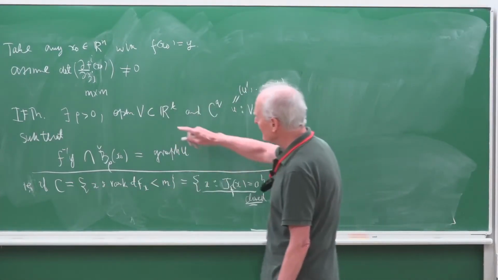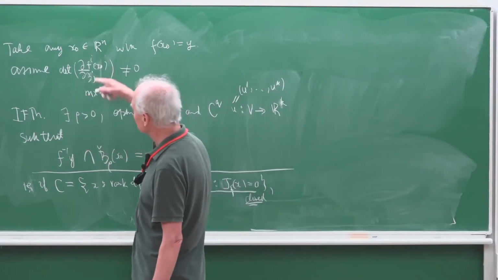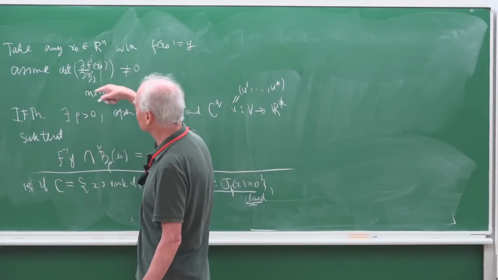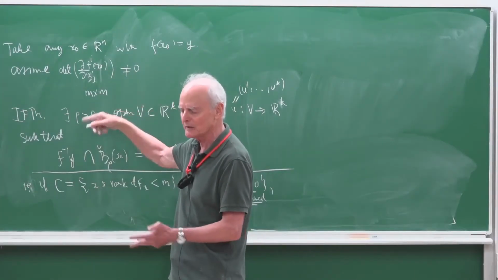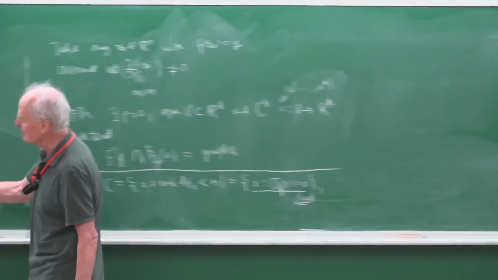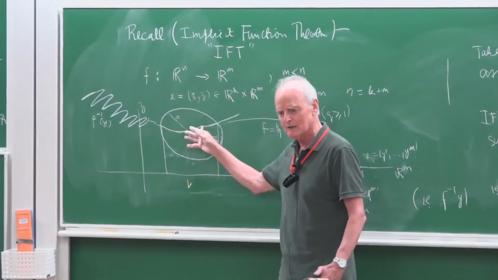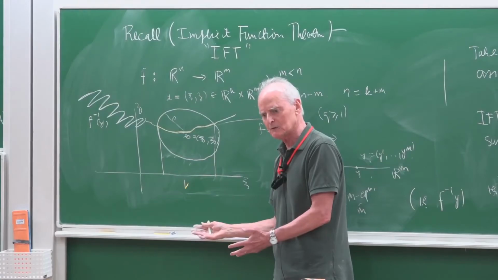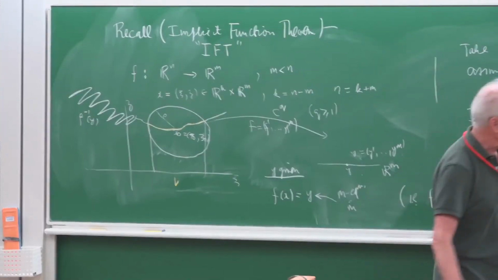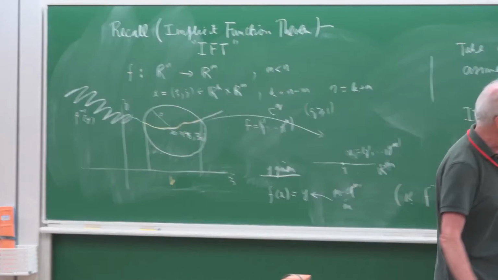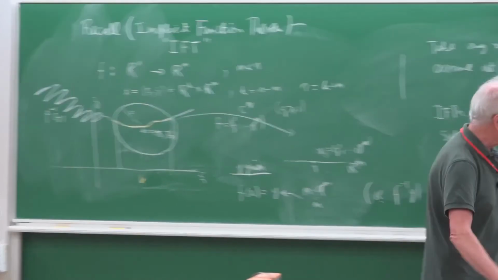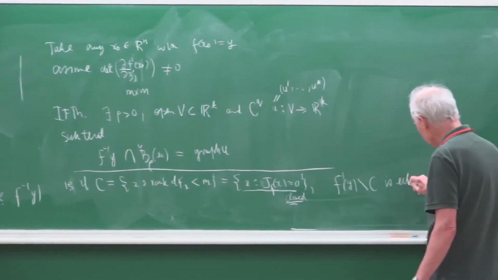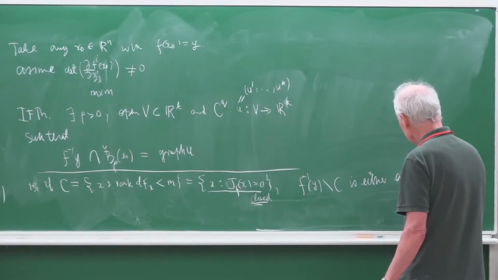And then, on the other hand, at all the other points, you can do this. Of course, you may have to relabel the coordinates because it's not always going to be the last M coordinates that make things work out, but that's fine. You still get a local coordinate representation modulo relabeling the coordinates, right? So what's left, in other words, is that f^-1(y) minus C is either empty, which it could be.